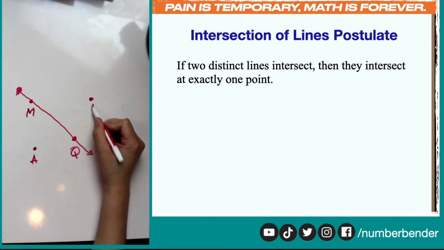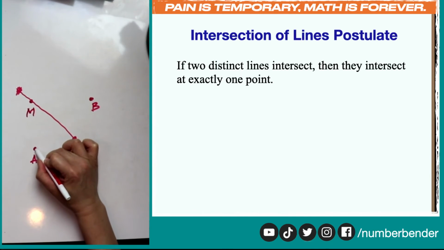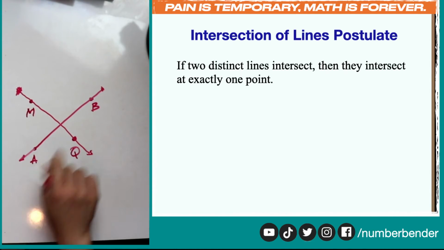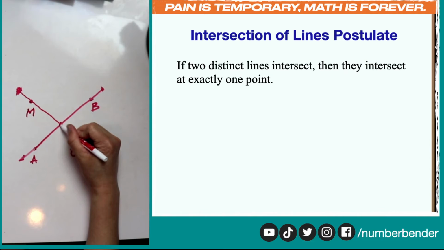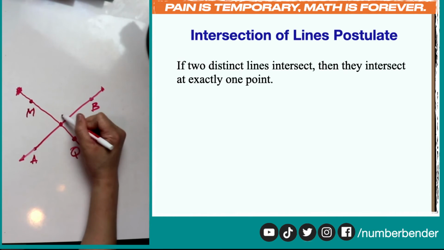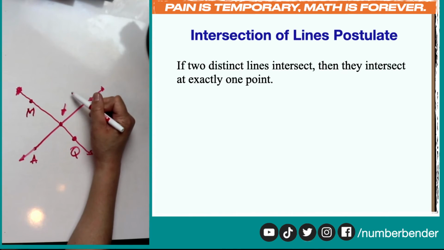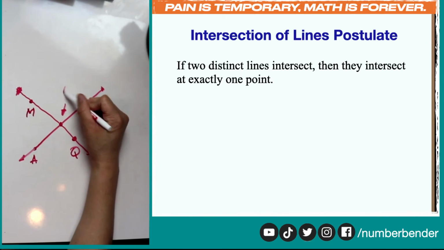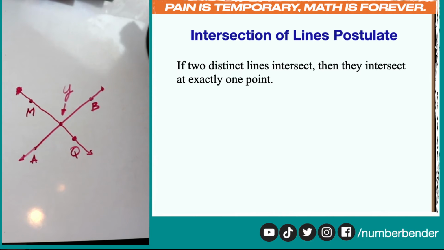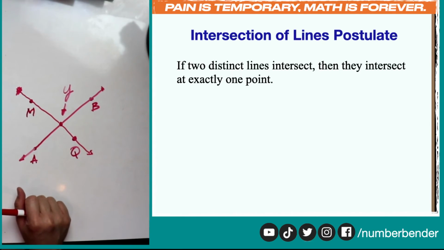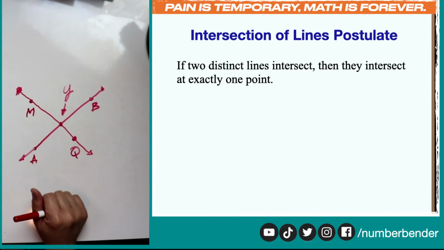And this is point A and point B. Kapag kinonect natin si point A and B, we'll be able to produce two distinct lines at yung intersection niya would be our single point of intersection, and we can name this as point Y. So yan yung ating intersection of lines postulate, that for any two distinct lines, when they intersect, you'll be able to produce one point in that point of intersection.